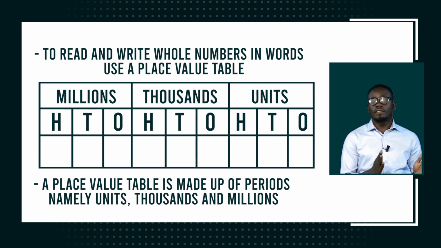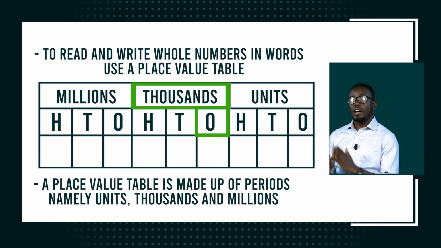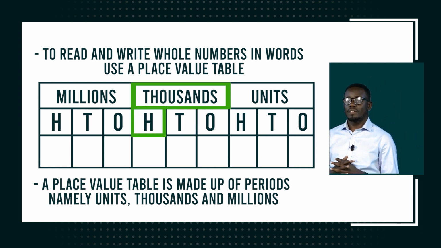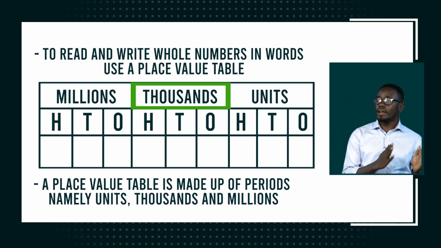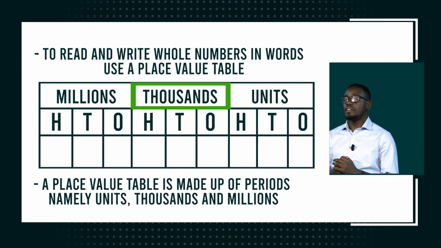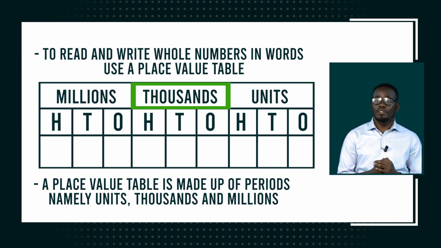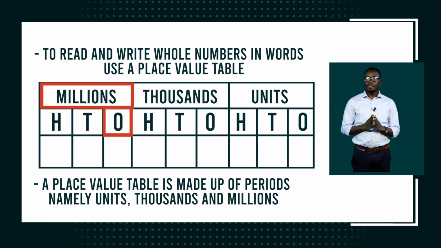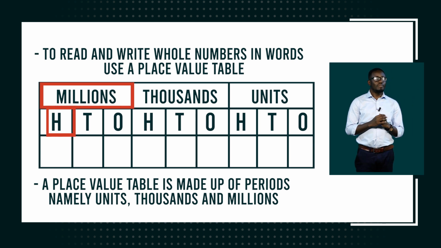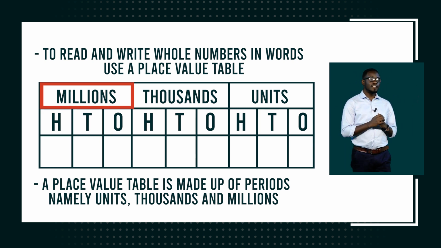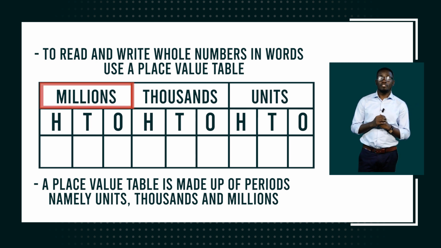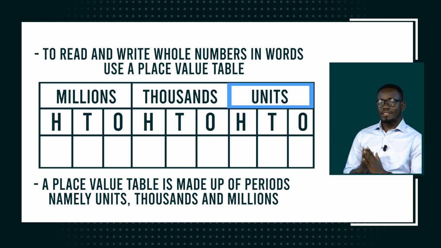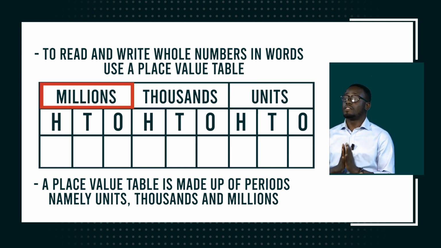Then we also have other three, that is thousands, 10,000s, then 100,000s. Those lie under another category called the thousands period. Then there is also millions, 10 millions, and 100 millions. Those lie under the category of millions period, meaning that the periods there are units, thousands, and millions.